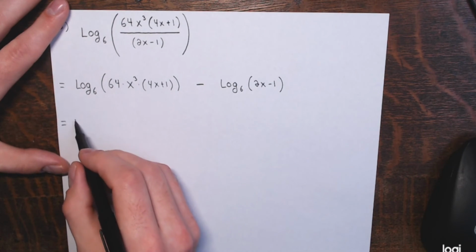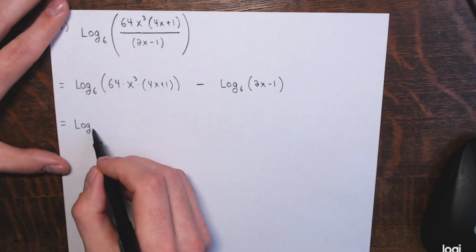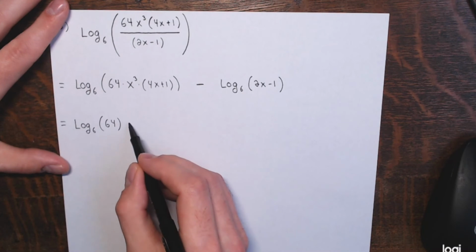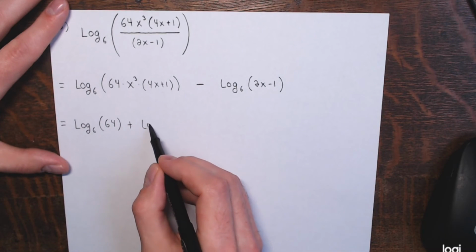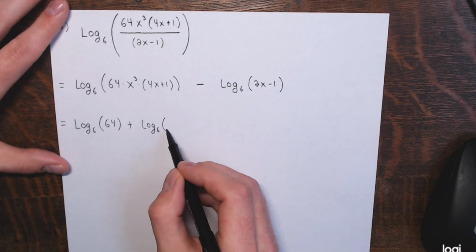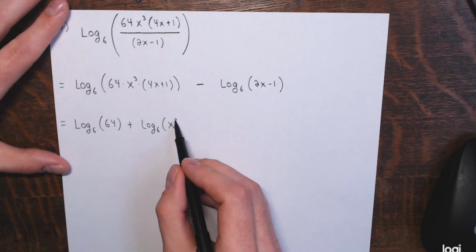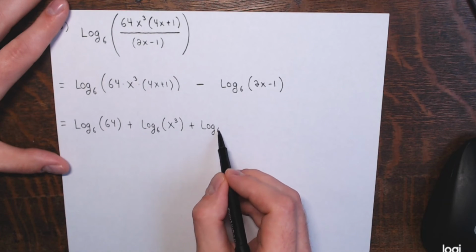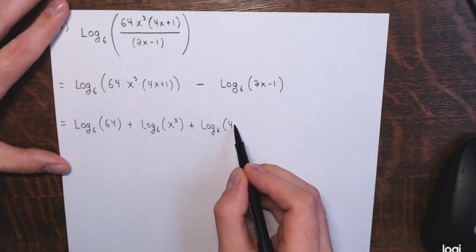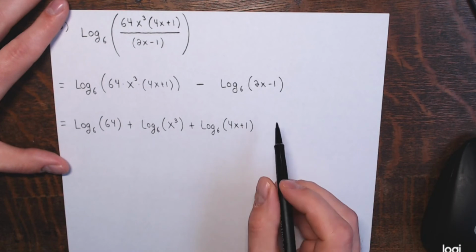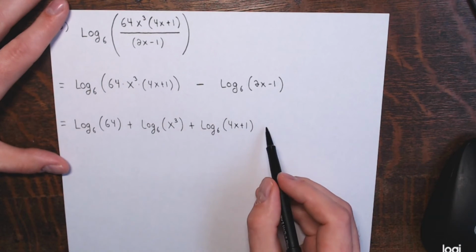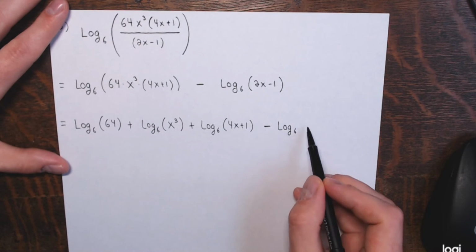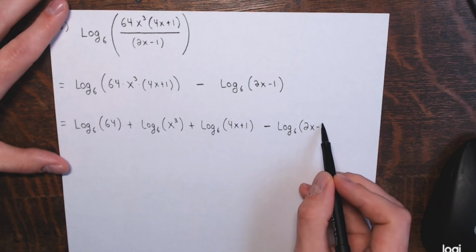That's the logarithm base 6 of 64 plus the logarithm base 6 of x cubed, right, the second factor, plus the logarithm base 6 of 4x plus 1, right, that third factor. And then don't forget we still have the minus log base 6 of 2x minus 1. Okay.